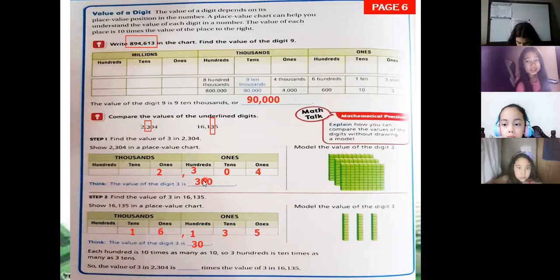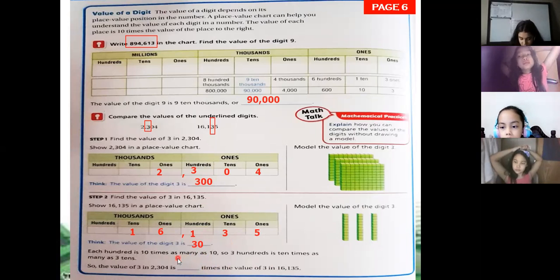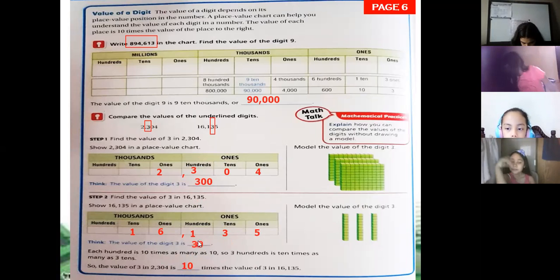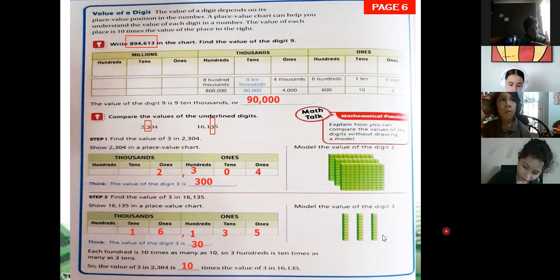Which one is greater, 300 or 30? 300 is greater than 30, right? So it means that the 3 on the hundreds is 10 times greater than the 3 on the tens, right? Yes, it's 10 times greater.